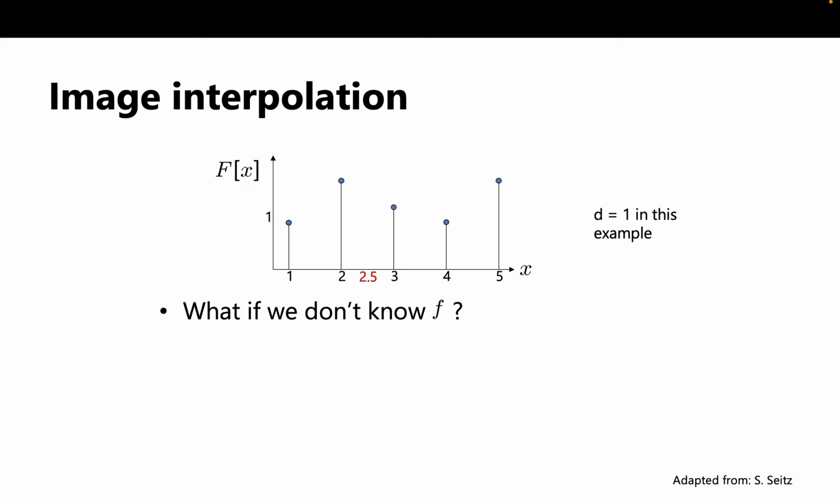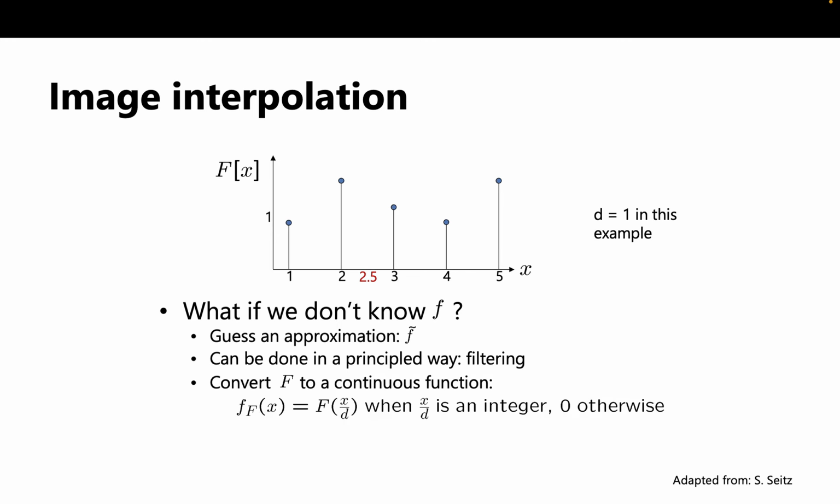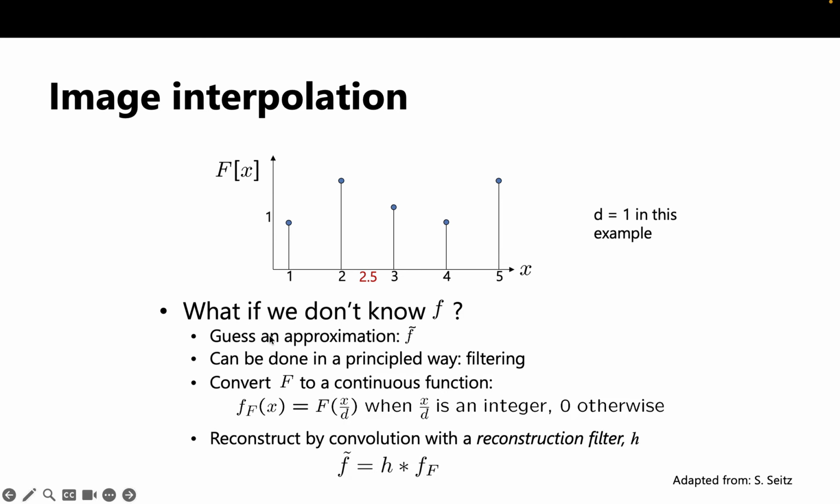So what if we don't know the pixel values of f? We can guess an approximation. Just now we drew a line to connect all these pixels, but actually there are different ways to calculate the in-between pixels. We can use a filtering method and convert this f to a continuous function.